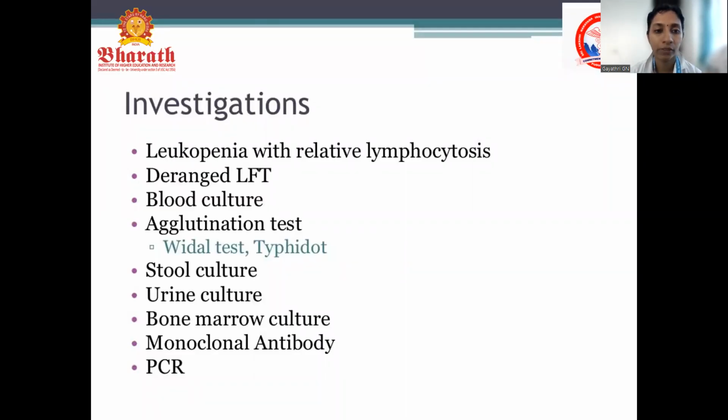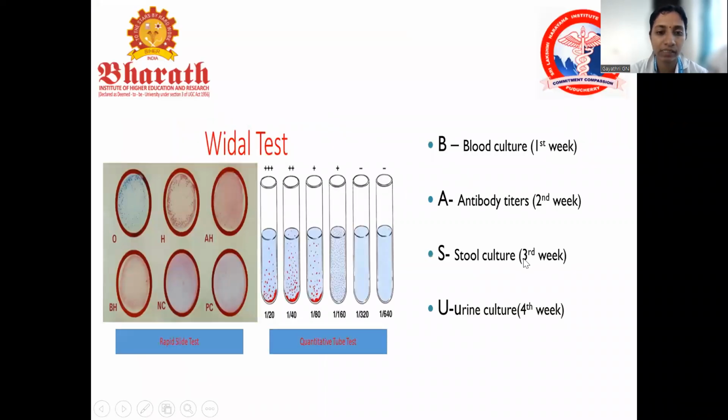So, continuing with the series of investigations which we saw now, a few points about the Vidal test and Typhidot. The Vidal test is a quantitative tube test. Here you have a setup which checks the agglutination in serial dilutions.